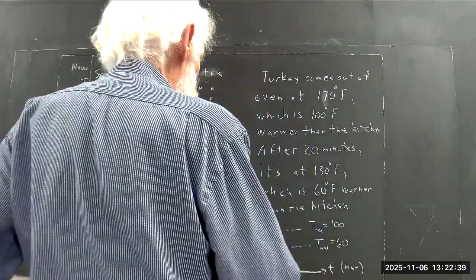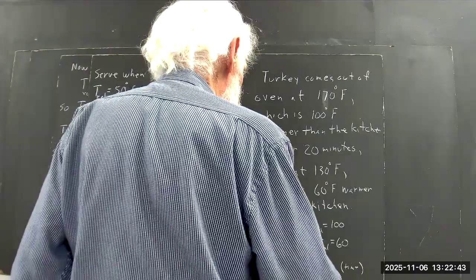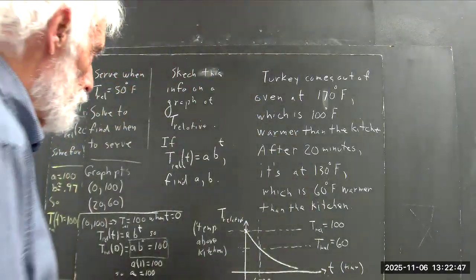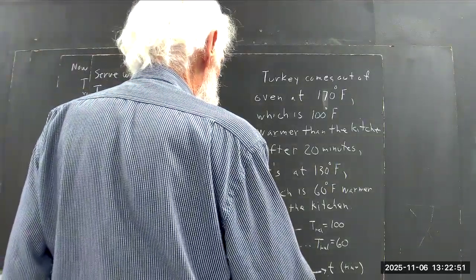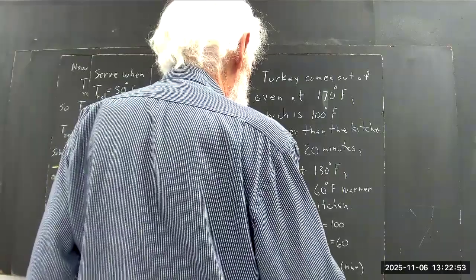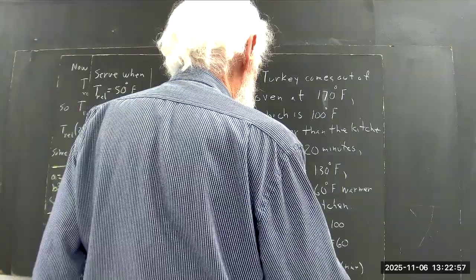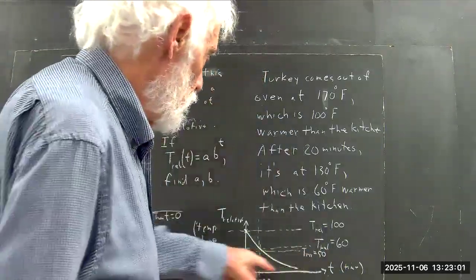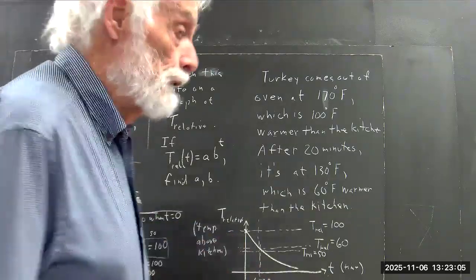Now, if I sketch a reasonable exponential curve here, this tells me that T relative equals 50 is going to be just a little bit below T relative equals 60, right?